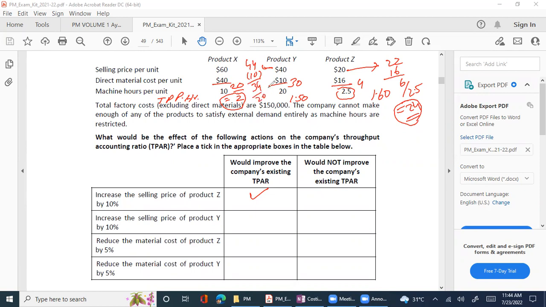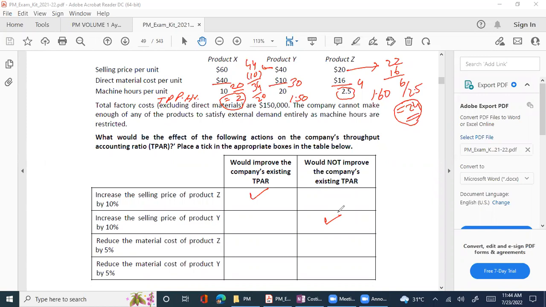What will be the answer? 34 over 20. 1.7. So in case of 1.7, our decision will be same for X. So here we will take that throughput accounting ratio would not improve because our decision is not changing.